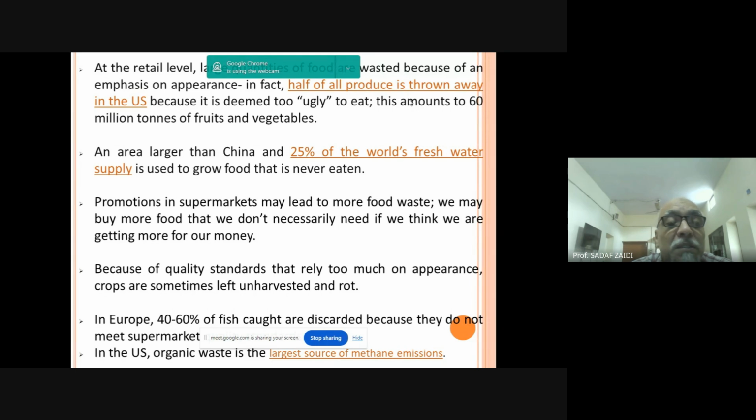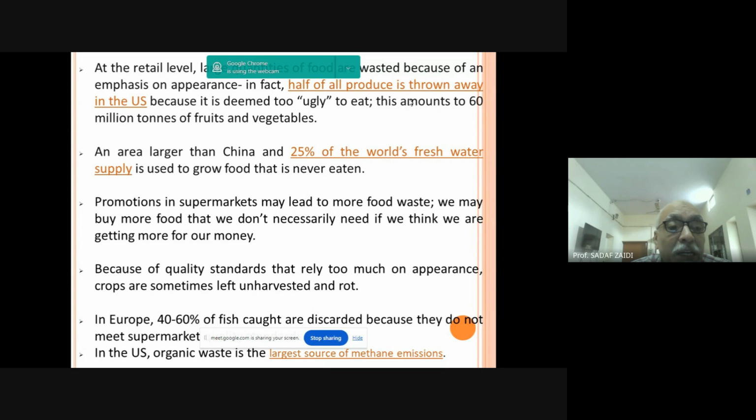You will buy those produce which is good in appearance. तो इसकी वजह से क्या होगा, जो अगली लुकिंग है बेचारा फूड, दैट इज थ्रोन अवे. तो अमेरिका में क्या है, हाफ ऑफ ऑल प्रोड्यूस इज थ्रोन अवे इन द यूएस. व्हाई? बिकॉज इट इज लुकिंग टू अगली. और ये कितना है? इट इज अराउंड 60 मिलियन टन्स ऑफ फ्रूट्स एंड वेजिटेबल्स.